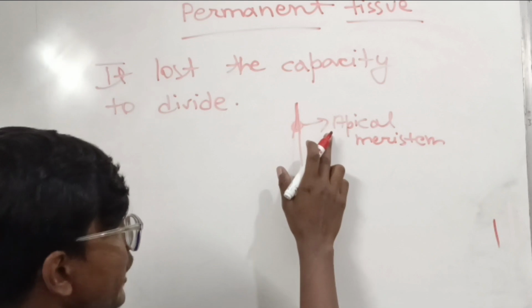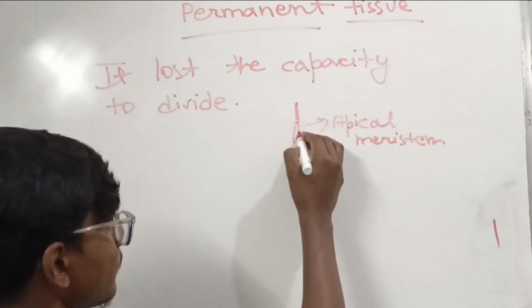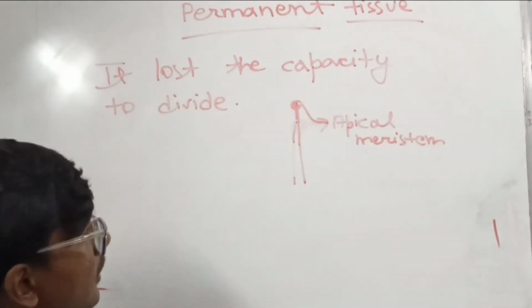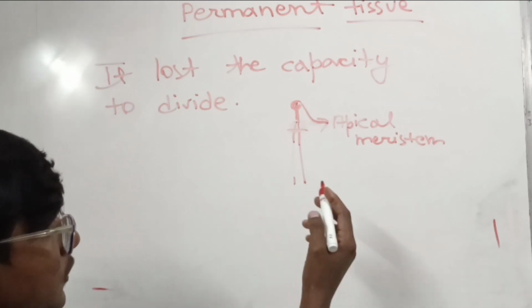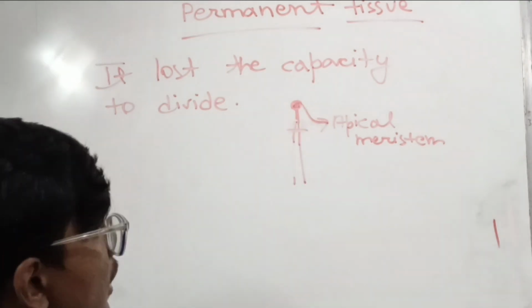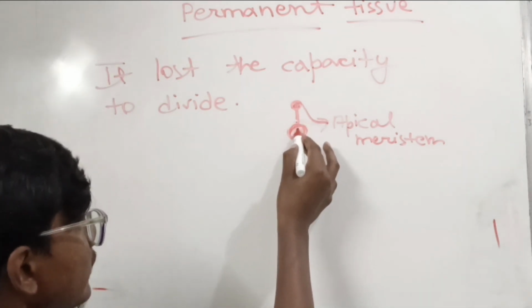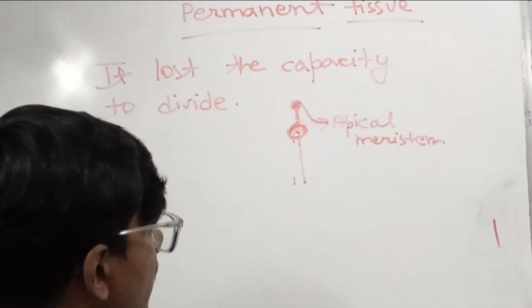Now this apical meristem will shift from this part to this part. The apical meristem was initially here, but after few days the apical meristem position will be changed. So the previous one will behave as a permanent tissue.